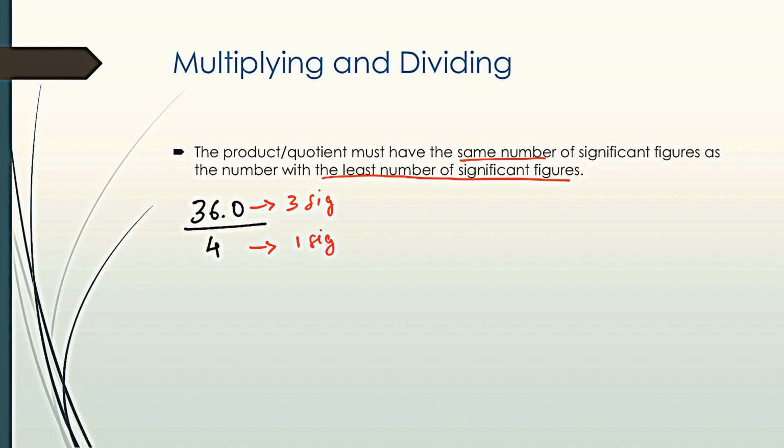I know it sounds a little confusing, but if you look at the example, you can compare that between these two, this is the one that has the least number of significant figures. And so when you do 36.0 divided by 4, your answer is 9. It's not 9.0, because if you write 9.0, that would mean that you have two significant figures, but you don't.